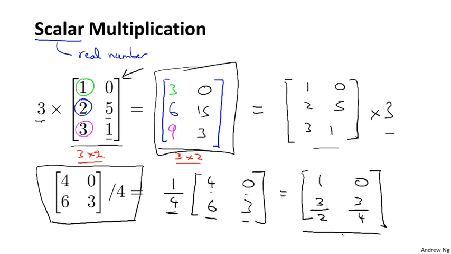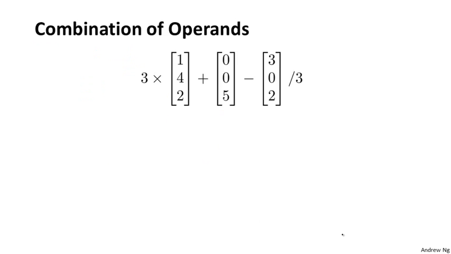Finally, for a slightly more complicated example, you can also take these operations and combine them together. In this calculation, I have 3 times a vector plus a vector minus another vector divided by 3. Just to make sure we know what these are: this multiplication is an example of scalar multiplication, because I'm taking 3 and multiplying it. And this is another scalar multiplication, or scalar division, I guess.